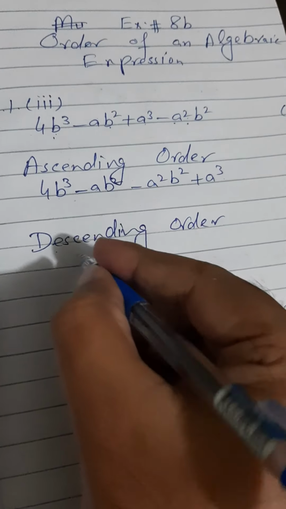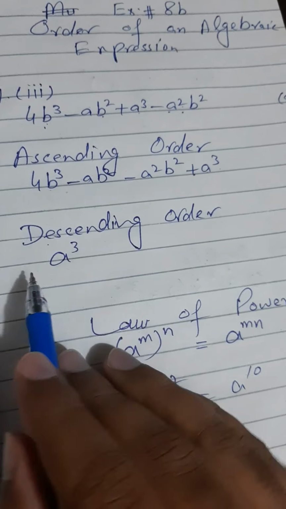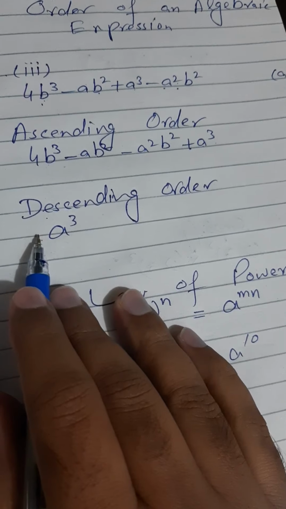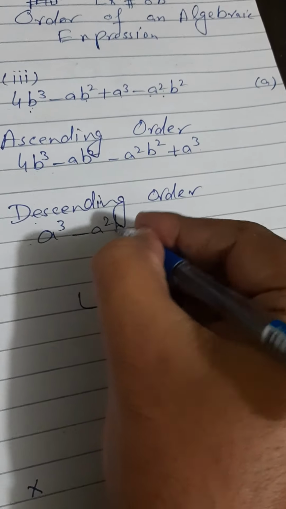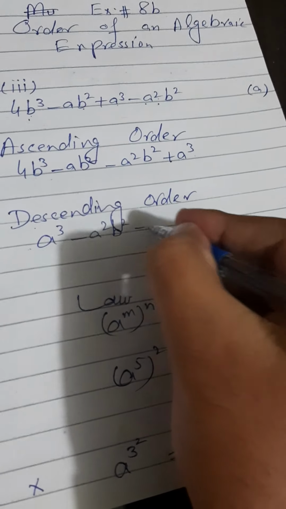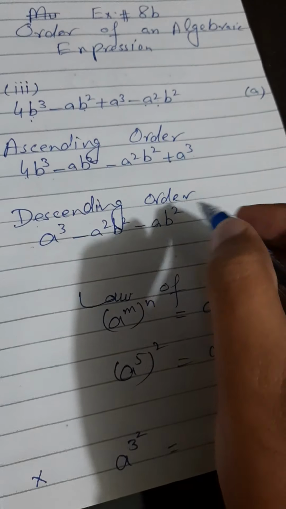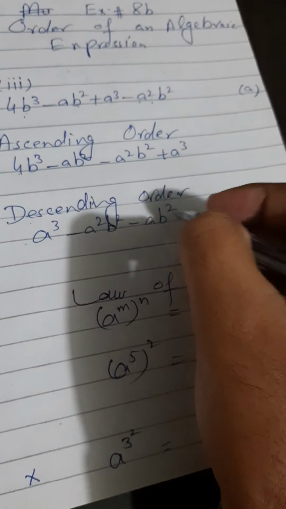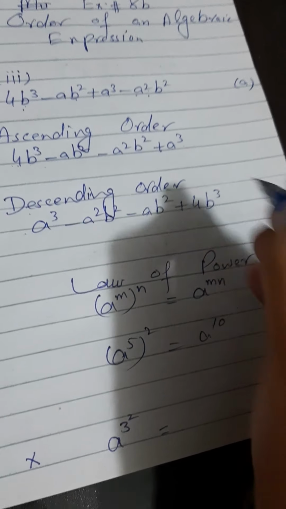The last term is a cube, so we write it here. It has a positive sign, so in the first term we don't write the positive sign. After that minus a square b square, then minus ab square, then the first term we write at the end. The first term has a positive sign, so we write positive 4b cube. That is ascending and descending order.